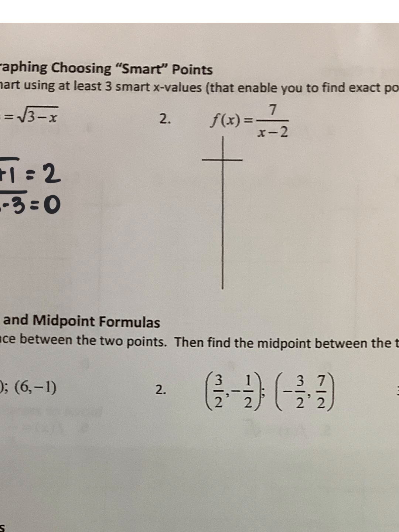So if I did -2, that would be 3 minus a -2. So 3 plus 2, 5. Square root of 5 won't work. So what's the next perfect square past 5? Nine comes first, okay?